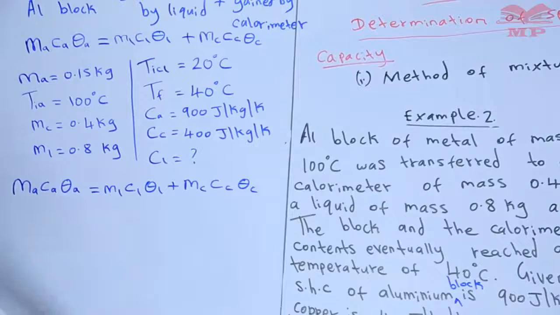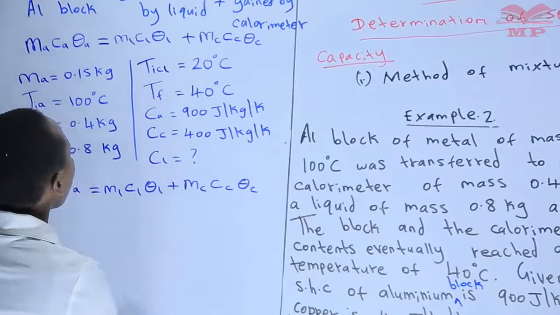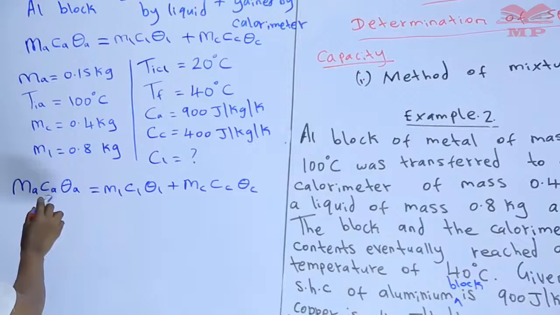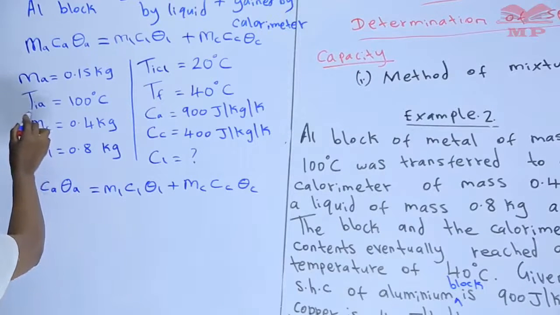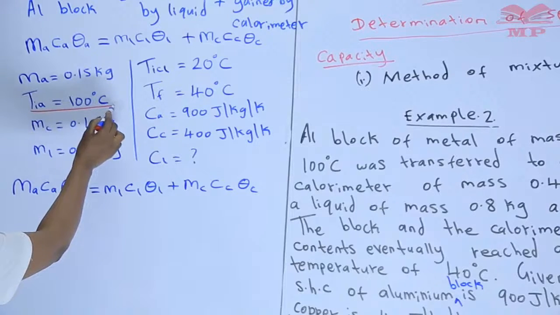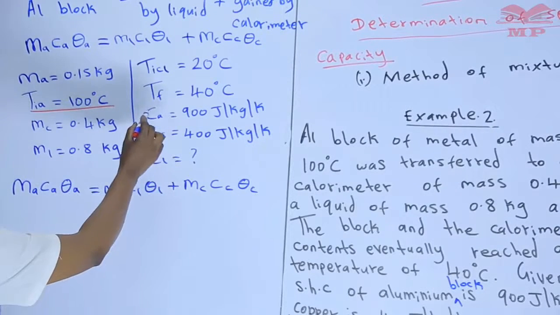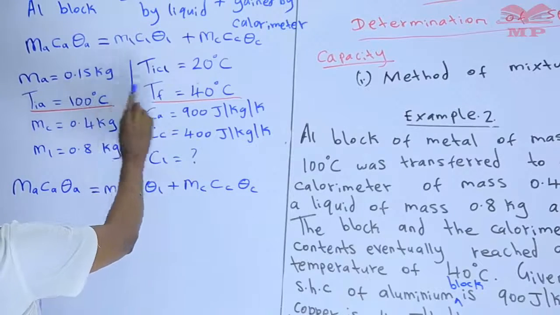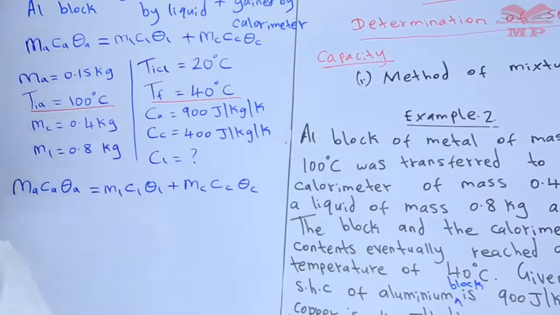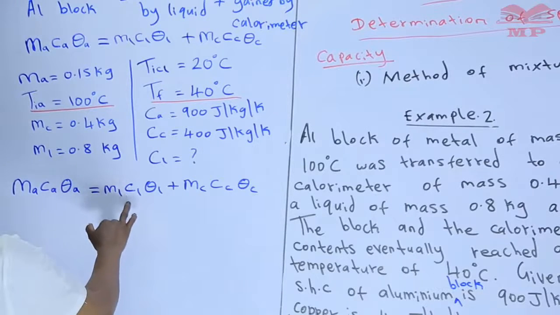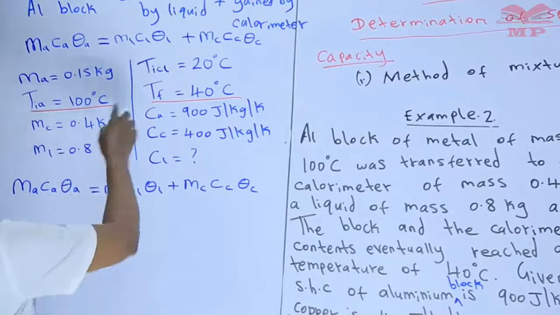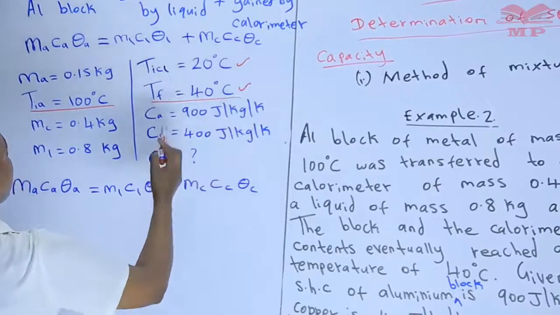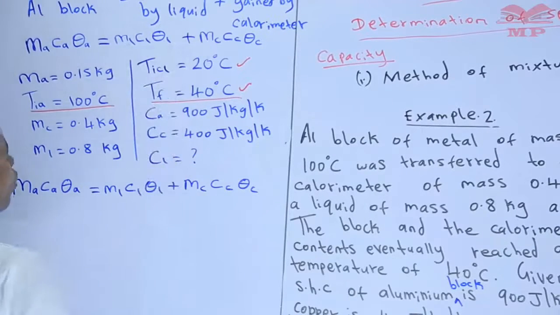Then we need to note what the changes in temperature are. The change in temperature for the metal block aluminium: the initial temperature is this, and the final steady temperature is 40. So the change will be 100 minus 40. And then for the liquid and the calorimeter, their initial temperature is this, the final temperature is that. So it will be 40 minus 20.